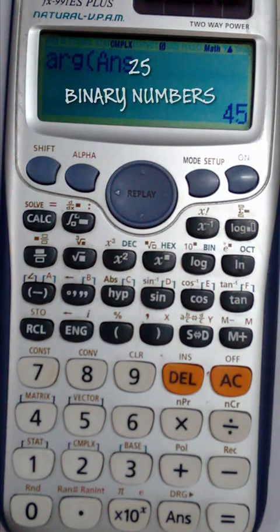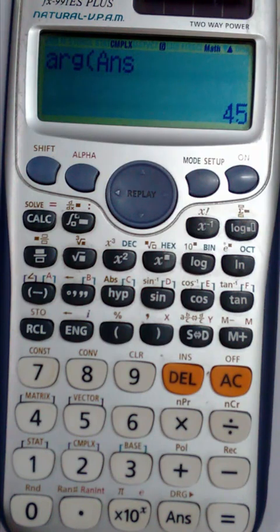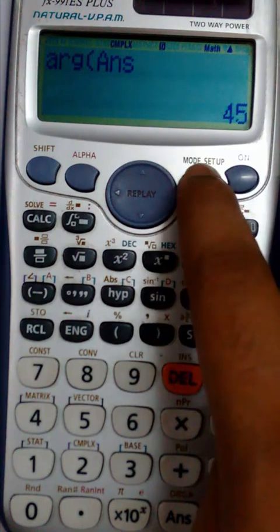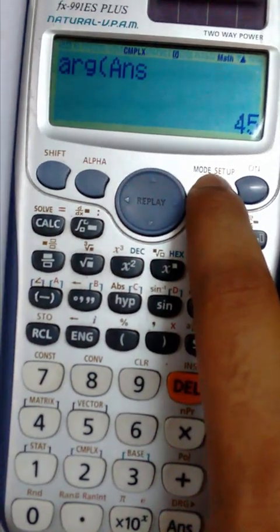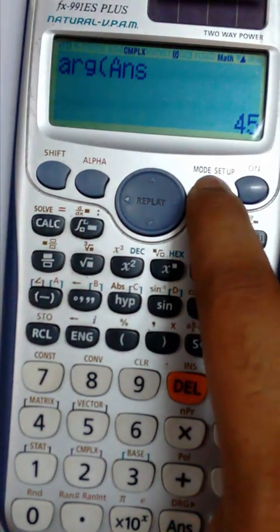The next trick is used for the base calculation operation, meaning you have to deal with binary, hexa, octa and the decimal number system. So for that you have to select the proper mode of the numbers, binary base.